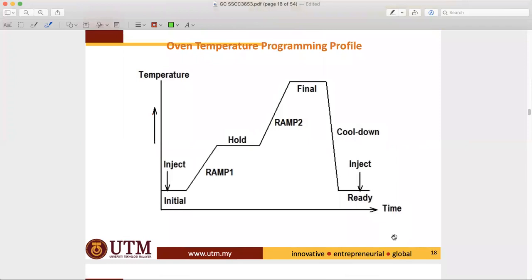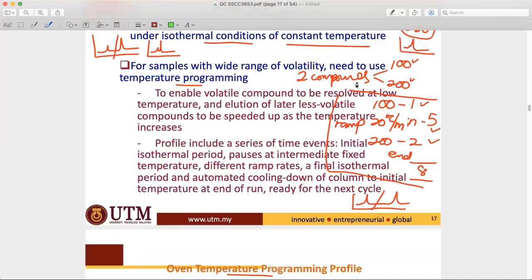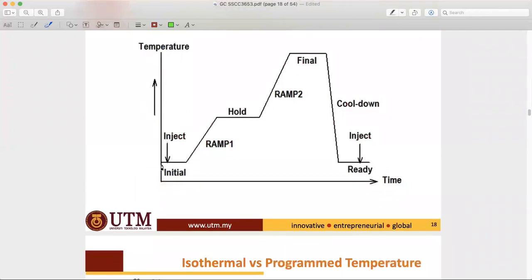All right. So this is the temperature programming profile. As I mentioned, you need to change it. Based on our example here, the initial temperature is going to be 100. You set it for 1 minute, and then you have the ramp, the 20 Celsius per minute.